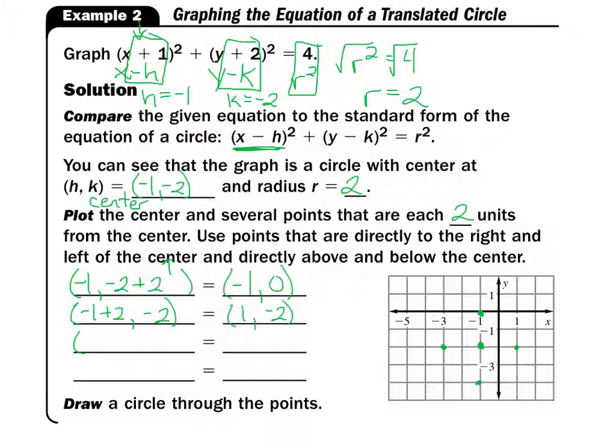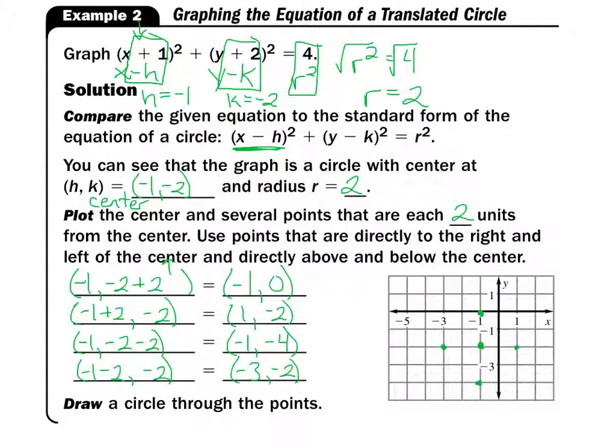Go down, so that would be negative 1 comma negative 2 minus 2, or negative 1 comma negative 4, right where we plotted that one. And the last one, to the left: negative 1 minus 2 comma negative 2, which would be negative 3 comma negative 2.